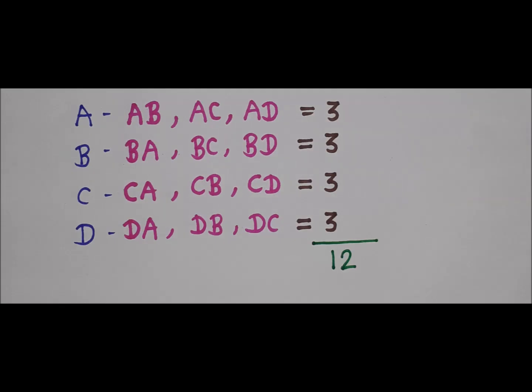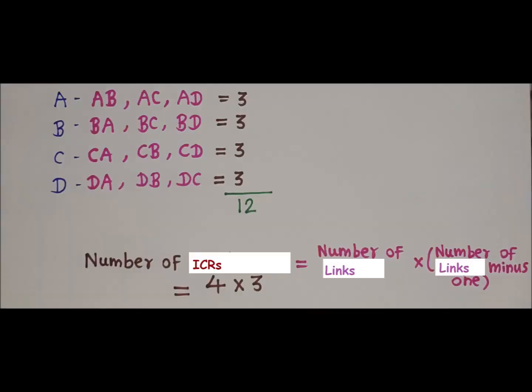Therefore, total number of ICRs will be 3 plus 3 plus 3 plus 3, which will be equal to 12. Or we can write number of ICRs as 4 into 3. That is, number of ICRs will be equal to number of links or bodies multiplied by number of links minus 1.